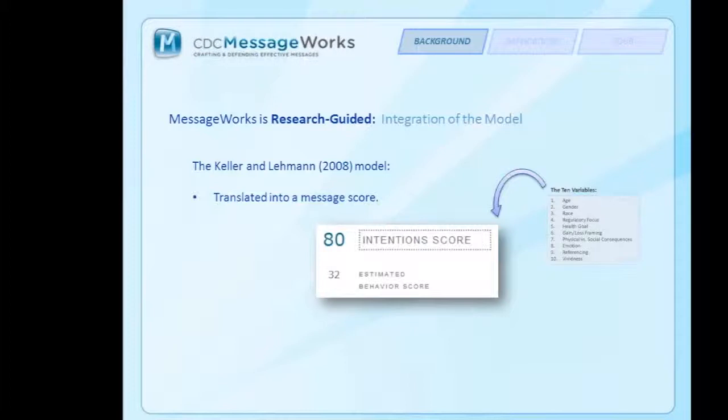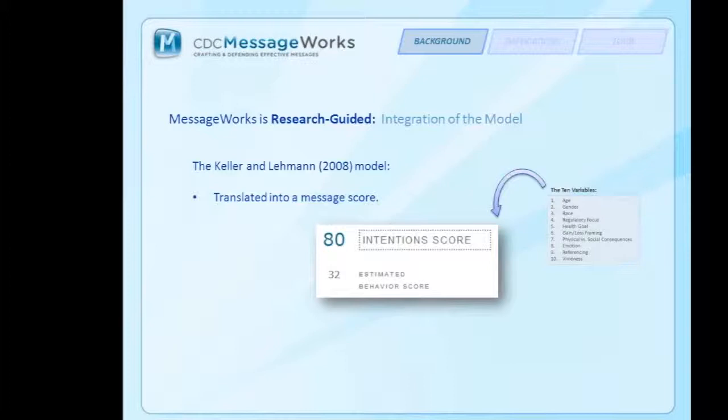As you can well imagine, this takes into account things like very strong intention scores. So if you have an intention scale of 1 to 5, where 3 is neither strong nor weak, and 1 is no intentions whatsoever, and 5 is very strong intentions, your 5 scores are more likely to be converted into behavior scores as compared to 4s and 3s and so on. So that's an algorithm that we use.